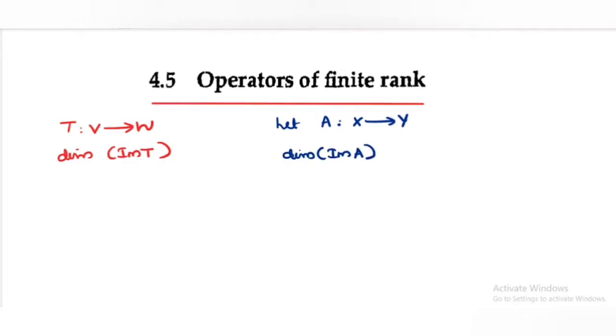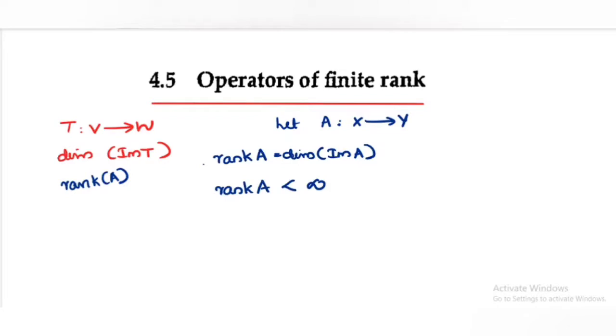The notation is rank A equal to the dimension of the image of A. If the rank of A is strictly less than infinity, then we call A a finite rank.